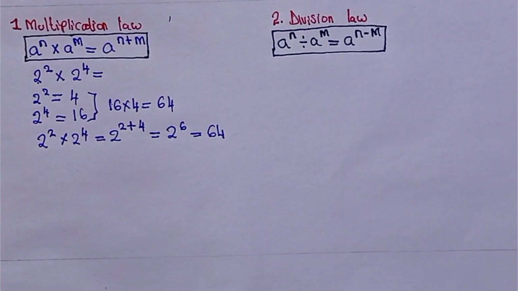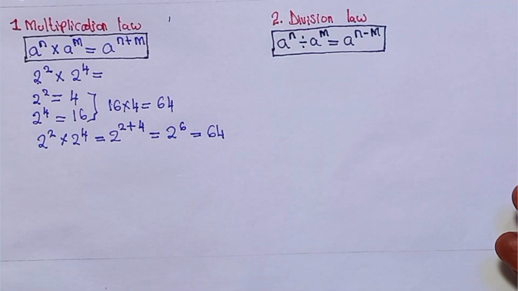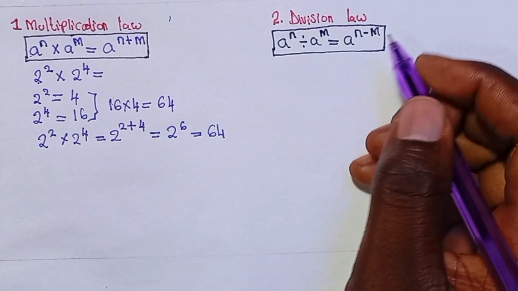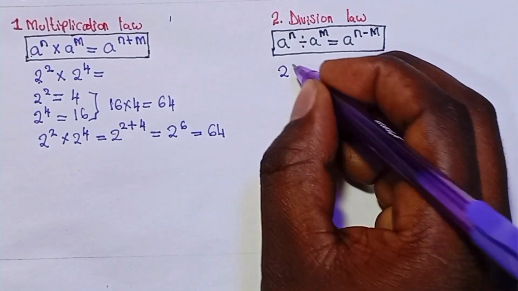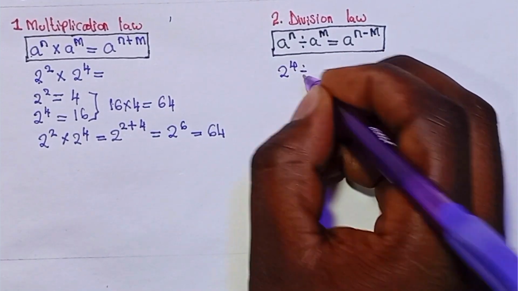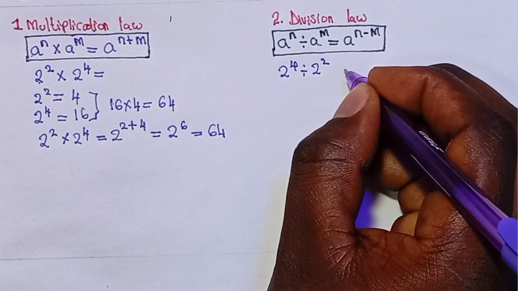So basically what this means is, when we divide numbers with the same base, we subtract the powers. For example, we have 2 raised to 4 divided by 2 raised to 2.